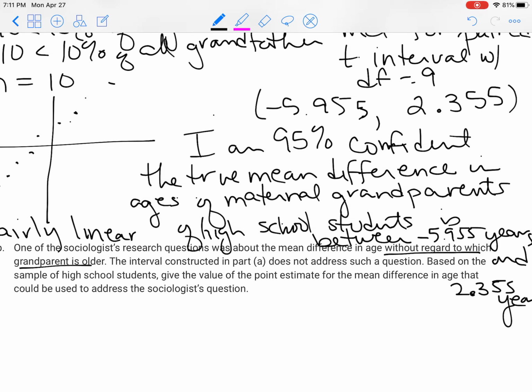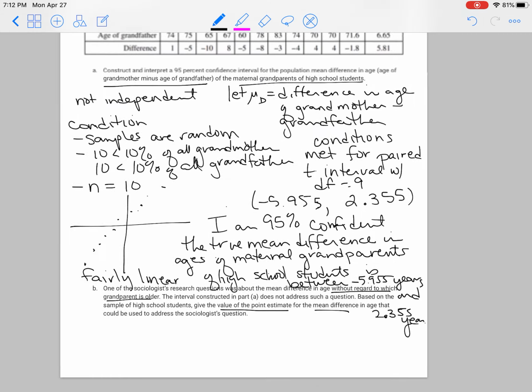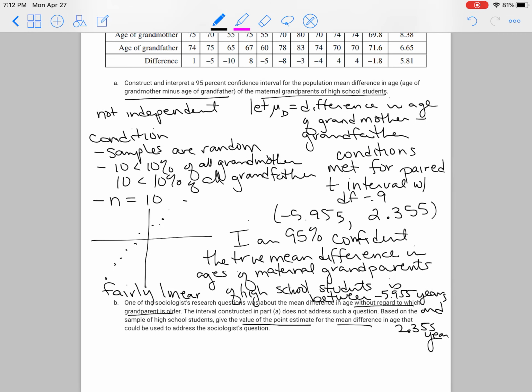Based on the sample of high school students, give the value of the point estimate for the mean difference in age. So we're looking for the mean. We need our values, and that's 1.